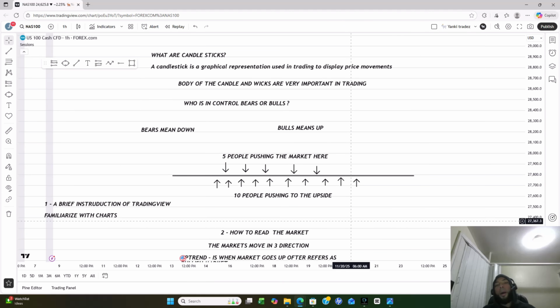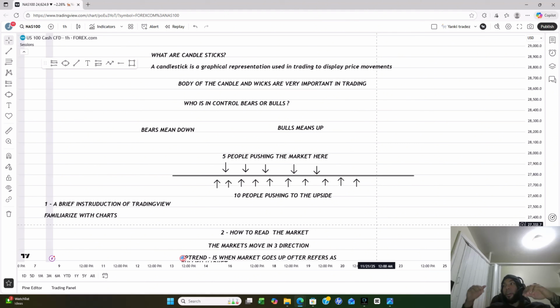So in trading you need to be part of the wave. You don't want to ride against the wave. If the wave is going to the upside, you cannot be pushing against it, because more people are gonna take your money.